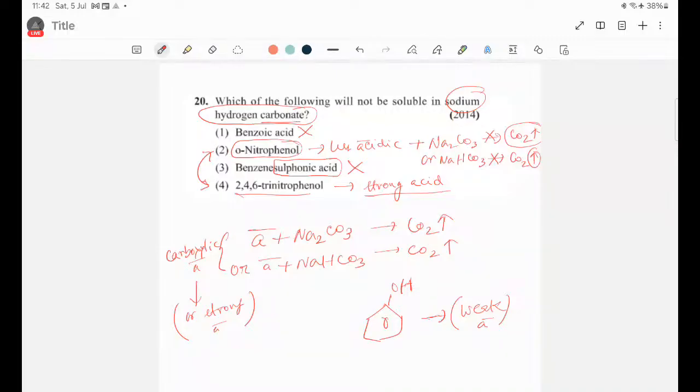Option 2, being least acidic, will react with Na2CO3 or NaOH, but CO2 cannot be liberated. As CO2 cannot be liberated, it will not be soluble in sodium hydrogen carbonate or sodium carbonate. So option 2 is the correct answer.